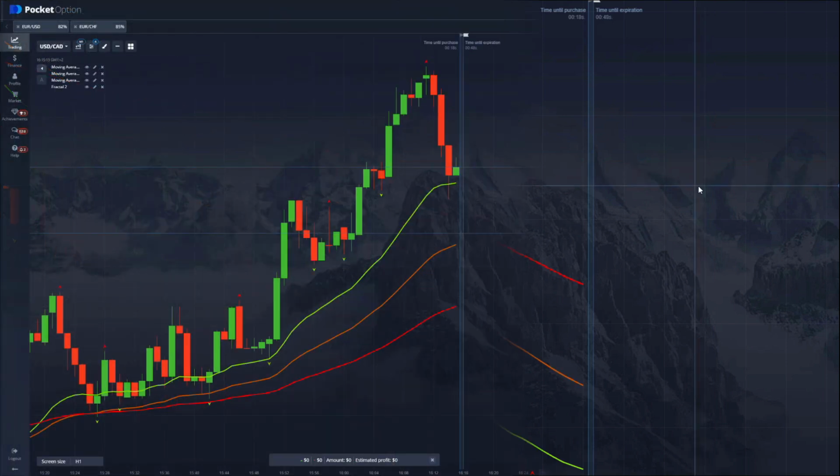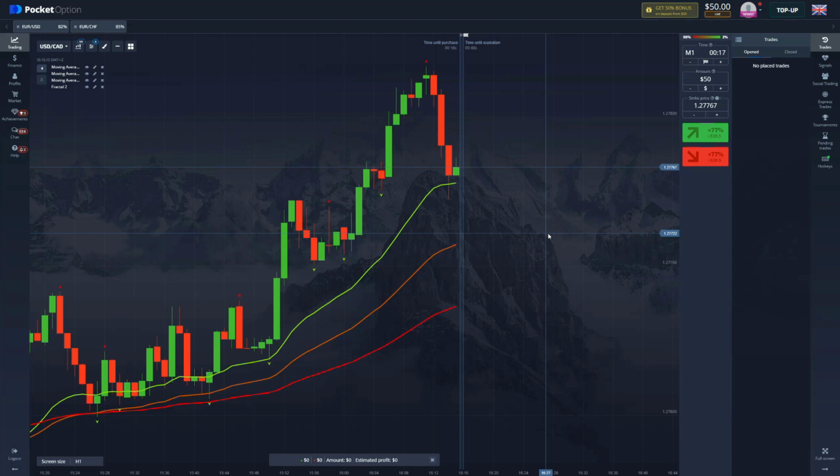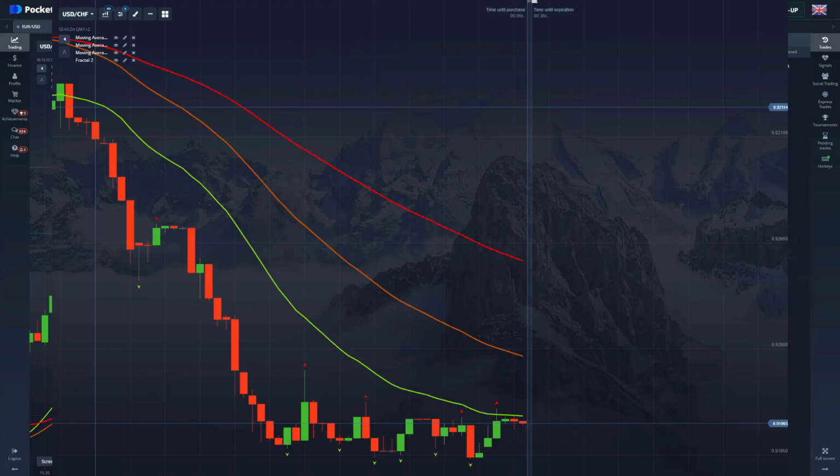There are a few rules to trading using this strategy, and those rules are: you only buy when the 25 EMA is above the 50 EMA and 50 EMA is above 100 EMA. And the opposite, you only sell if the 25 EMA is below 50 and 50 is below 100.